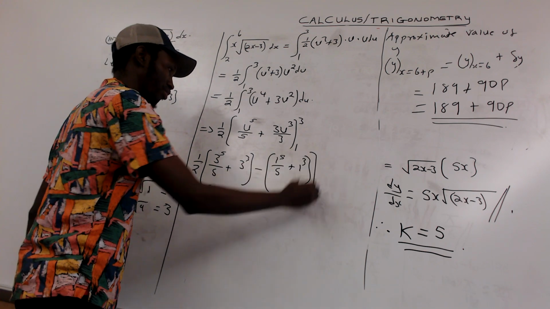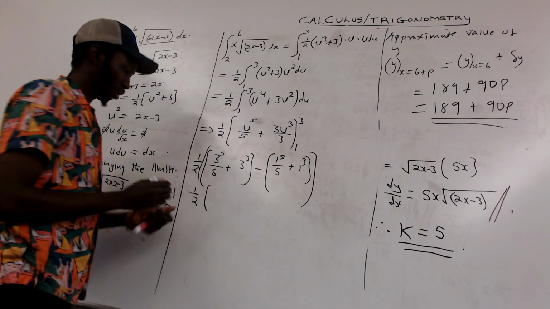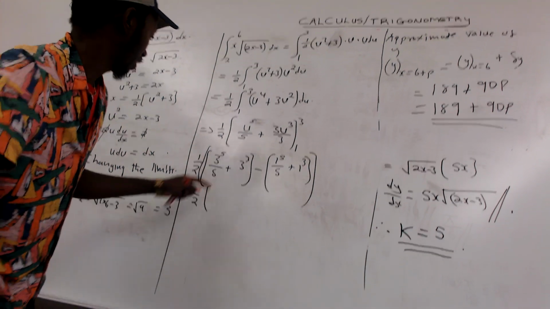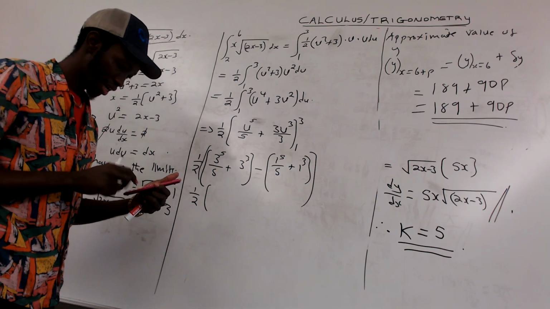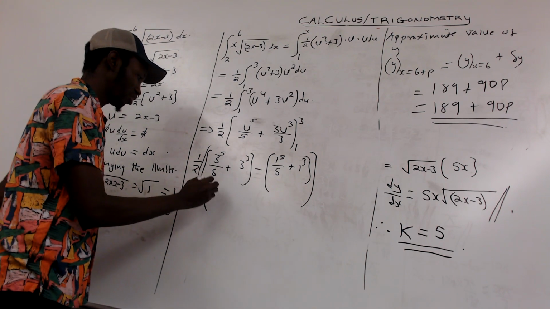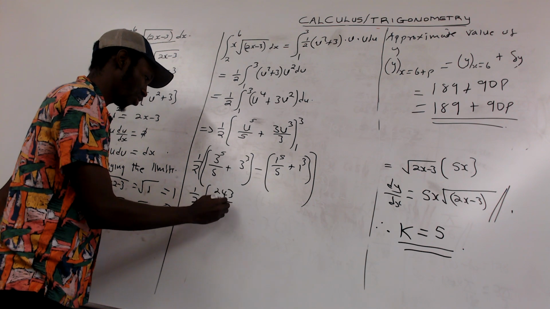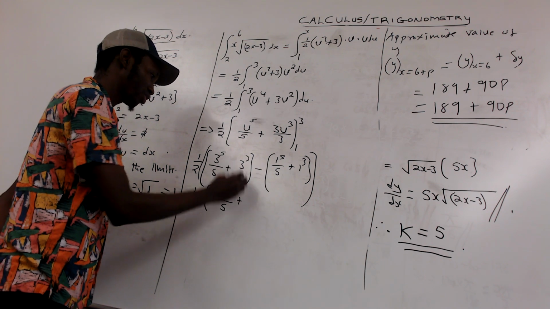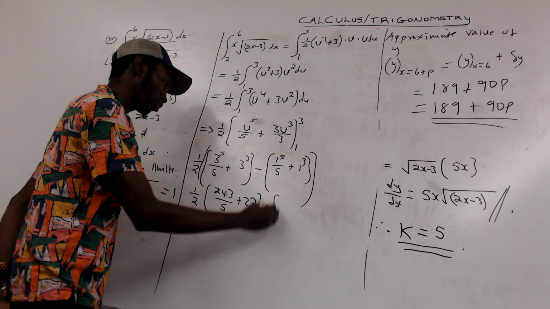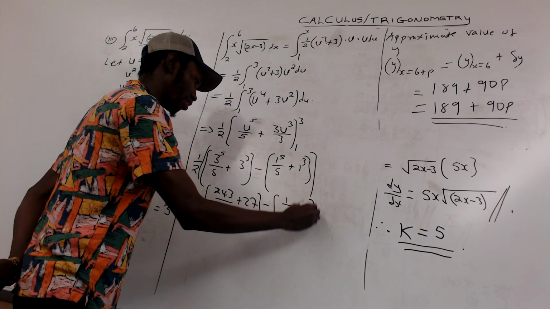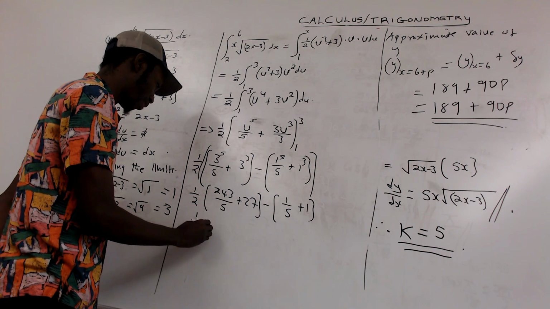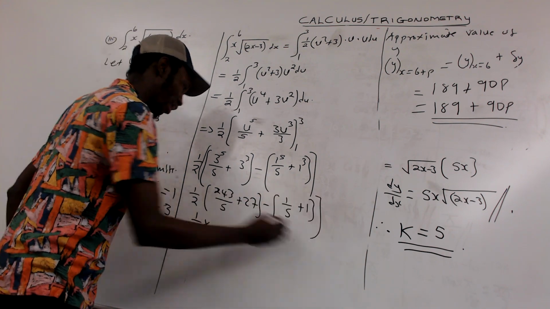So half into, because this will multiply by this. So now let's take this, 3 raised to the power 5 will give us 243. This will be 243 all over 5 plus 3 raised to the power 3, which is 27, minus 1 over 5 plus 1. So half multiplied by, let's take these two values.